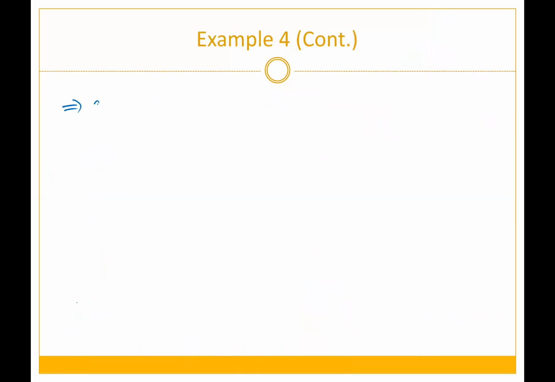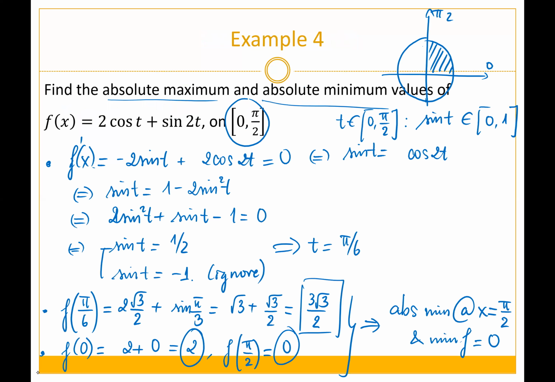Similarly, we have another conclusion: an absolute maximum at x equals pi over 6, and the maximum of f is 3 square root of 3 over 2. So that is my final answer for this question.